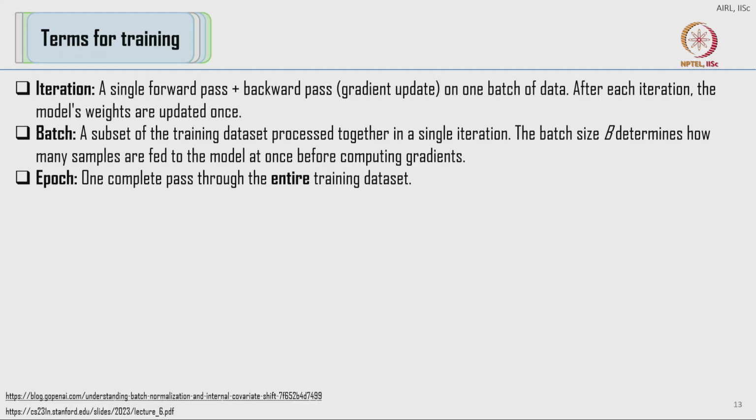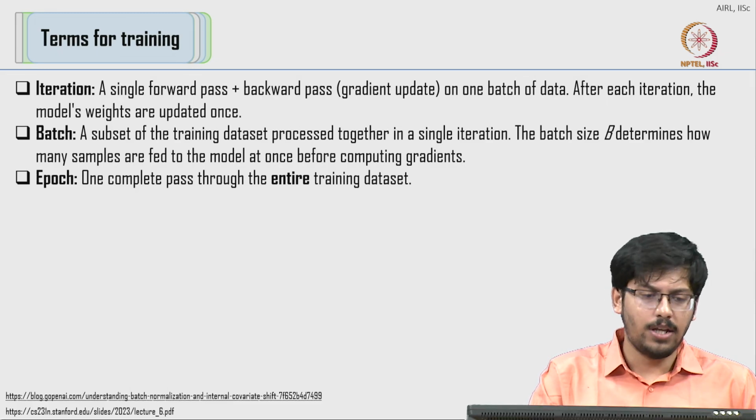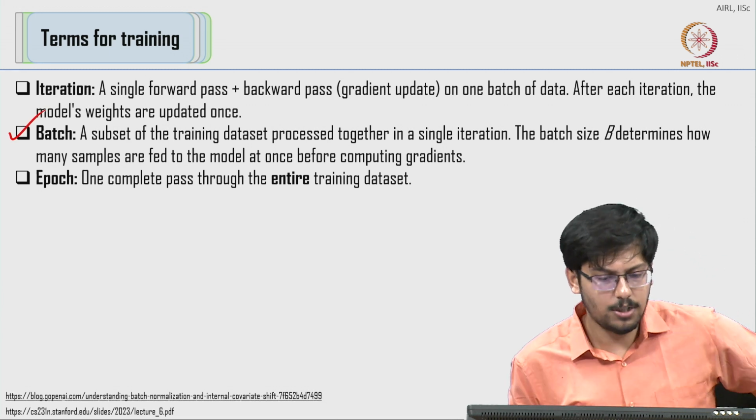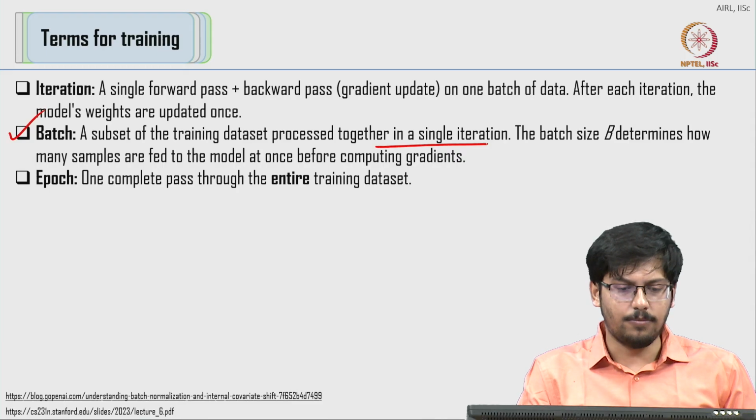Okay. Before we go into different types of normalization and their effects, let's quickly go over some basic definitions of terms for training. Let's start with batch size. Batch size is a subset of the training dataset which is processed together in a single iteration.